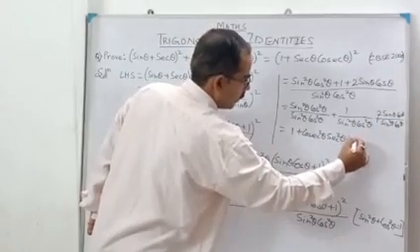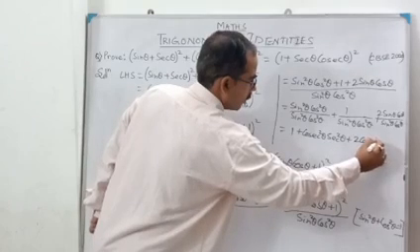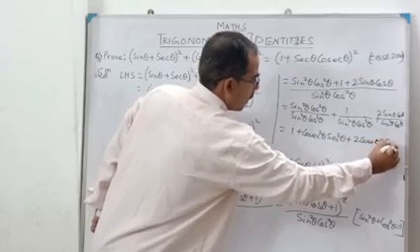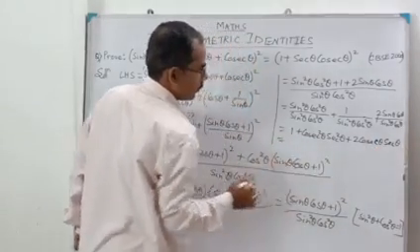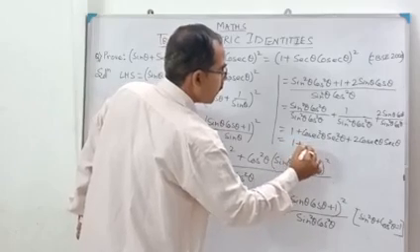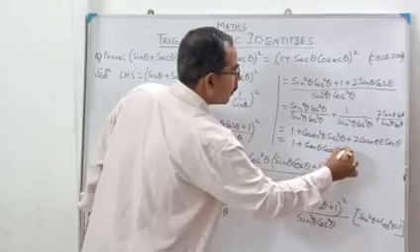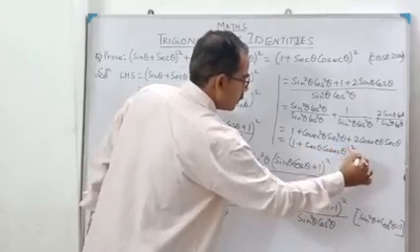So ultimately you are getting 2 cosec theta sec theta. So that is equal to, now look at here, you are getting 1 plus sec theta cosec theta whole square, which is equal to RHS.